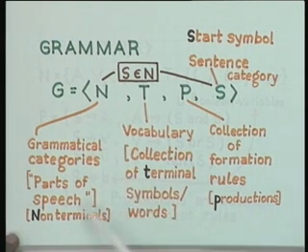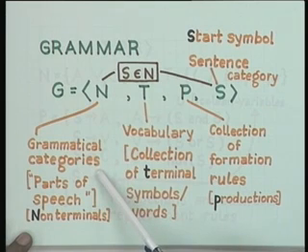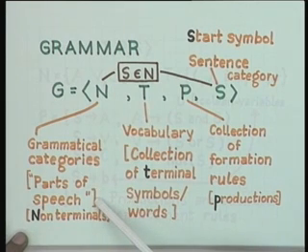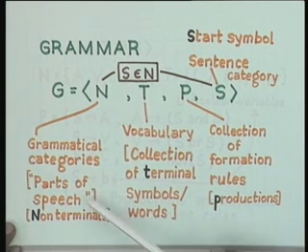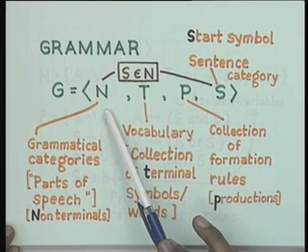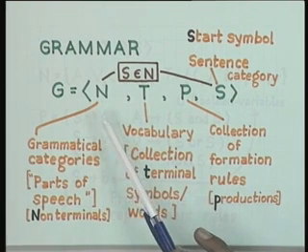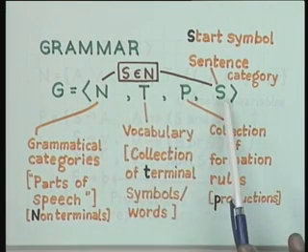This set of non-terminals specifies various kinds of grammatical categories of the language, like the parts of speech: noun phrase, verb phrase, adjectival phrase, noun clauses, subject clauses, subject phrases, object clauses, predicates, and so on. So this set N consists of the basic grammatical categories. All these sets are finite.